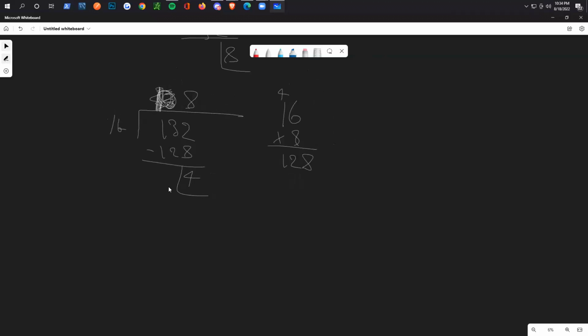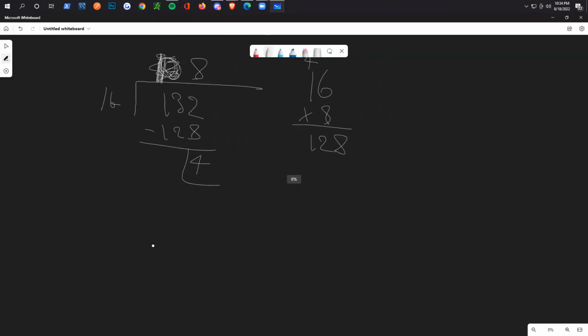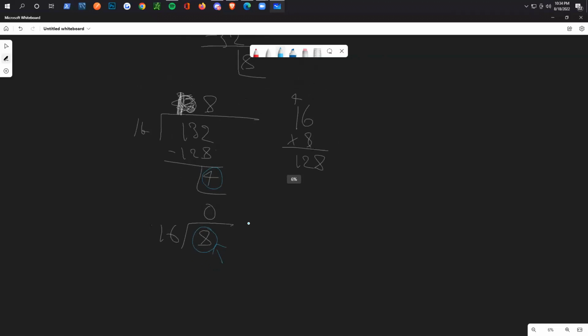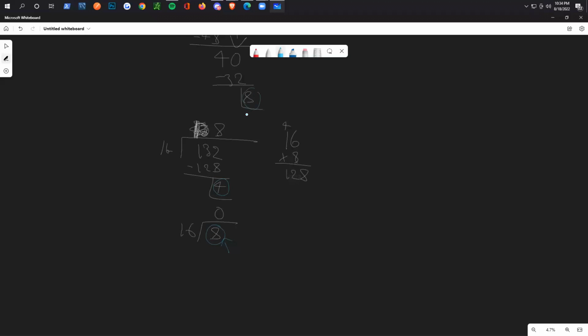At this point, we just have to do this one last time, because now we know that we have 8 and 16. 16 does not go into 8, so this is part of our remainder. Now we take all these remainders going back up, and that will give us our final answer: 8, 4, 8, base 8. Or sorry, base 16. We just went to base 16.